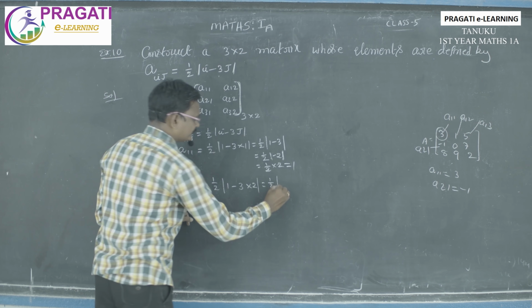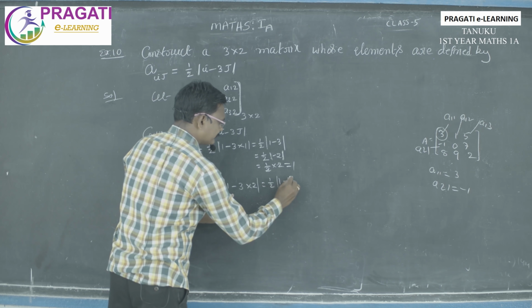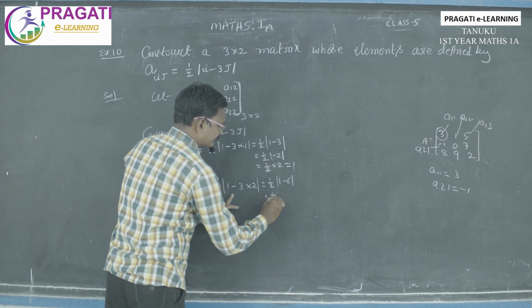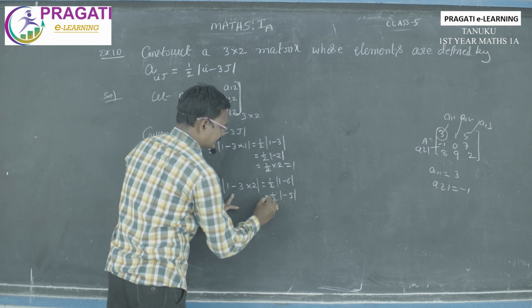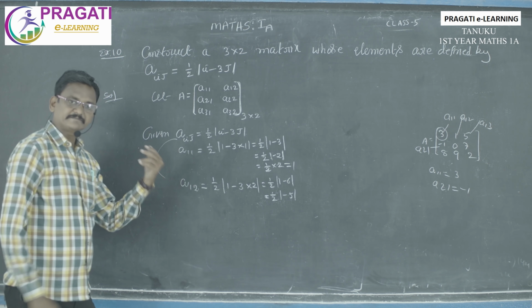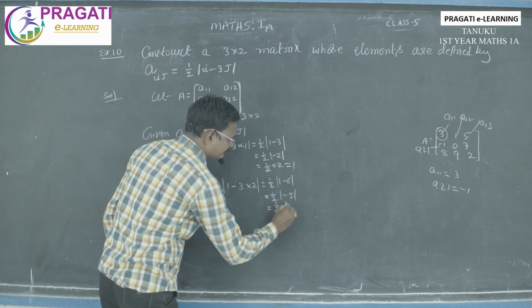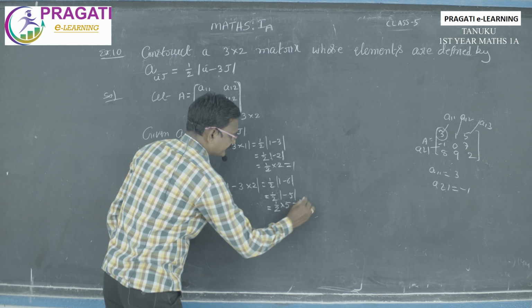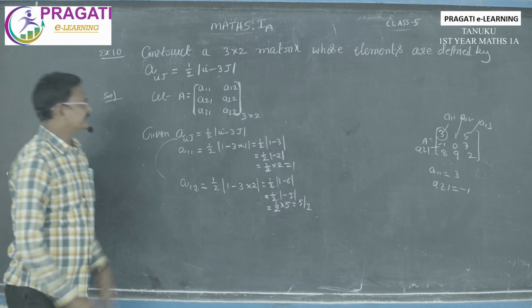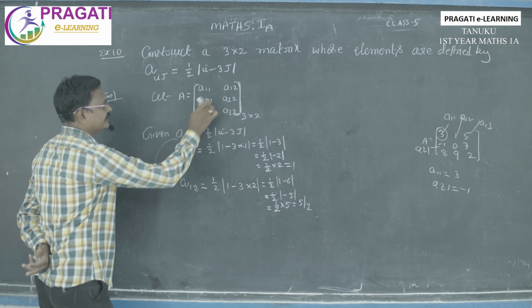So 1 by 2 into modulus of 1 minus 6, so 1 by 2 into modulus of minus 5. Modulus of minus 5 means we can write plus 5. So 1 by 2 into 5. Finally 5 by 2. This is the second element. Next element, A21.